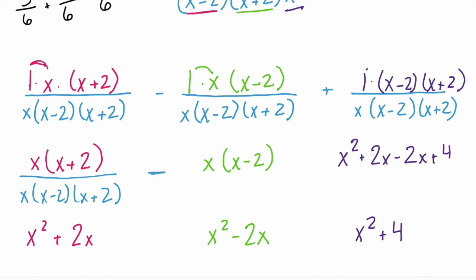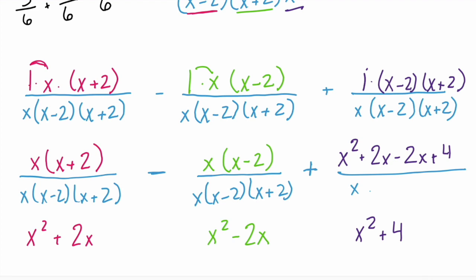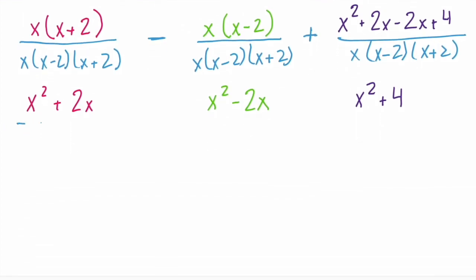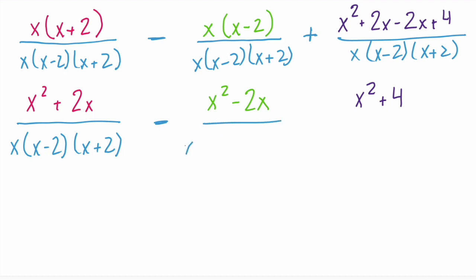And the operation in between, we have subtraction between the first 2, and we have addition between the second 2. And I can do this in that very last row where we have our most simplified numerators. Subtract the first two. Add the last.